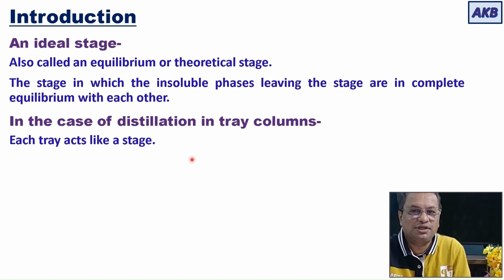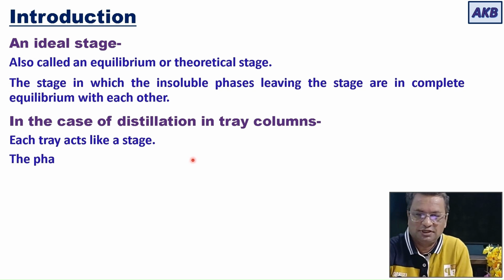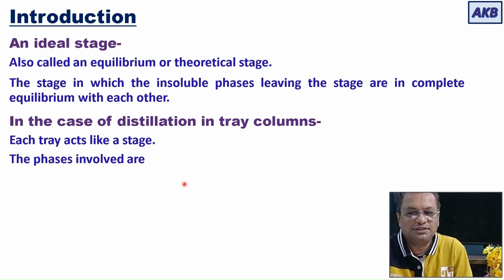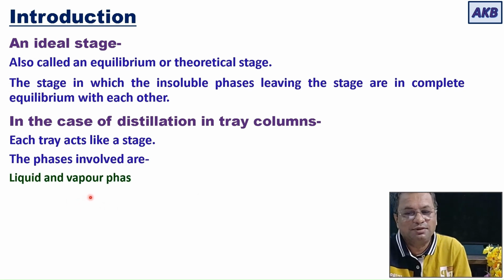On each tray, there are two insoluble phases. What are the phases involved in this case? The phases involved are liquid and vapor phases. So you have two insoluble phases, liquid and vapor.